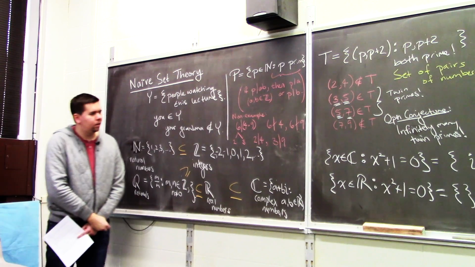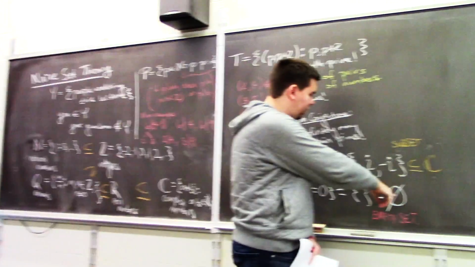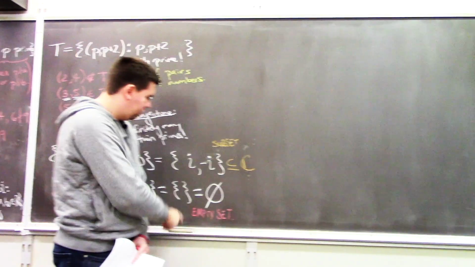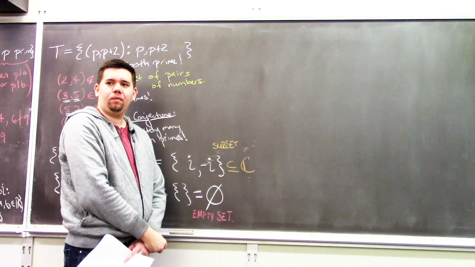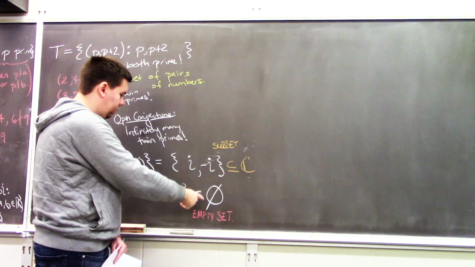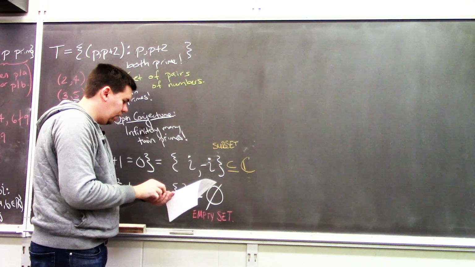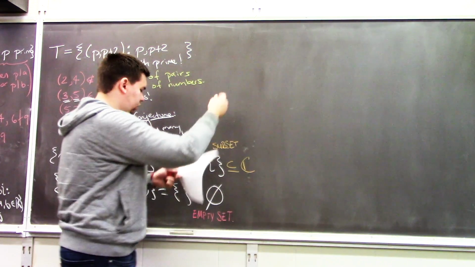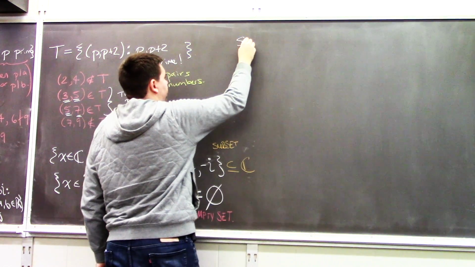Okay. Maybe the last thing I'll note then on subset is this special set right here, the empty set. What is it a subset of? Yeah, anything. Well, what does it mean to be a subset? So let's make this precise. Here's my definition for subset.